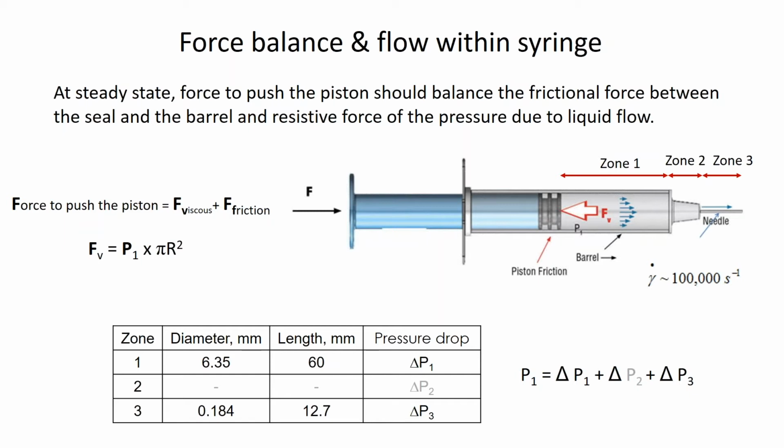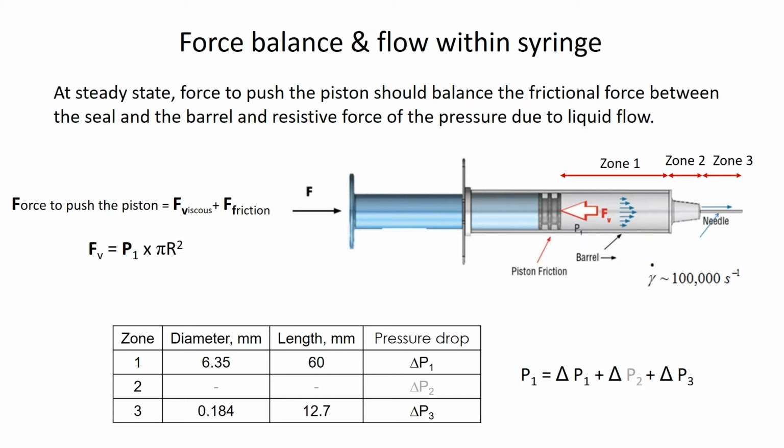We want to do just a little background theory to make it clear that because the needle dimensions are so small relative to the rest of the syringe, the resistance through here is really going to dominate. The reason that's important is it allows us to simplify the expressions quite substantially. So we break up the syringe into three zones: the barrel, the transition point, and the needle.